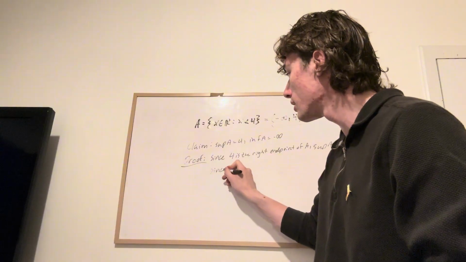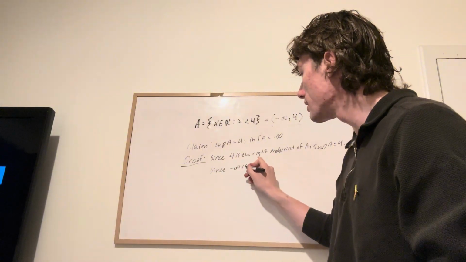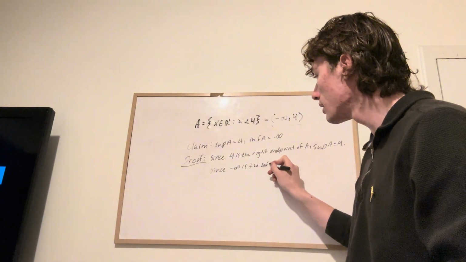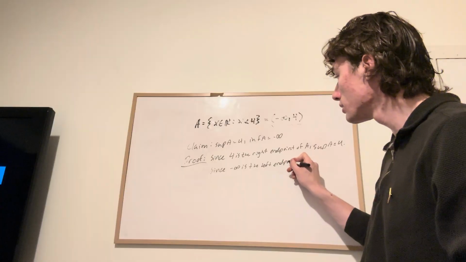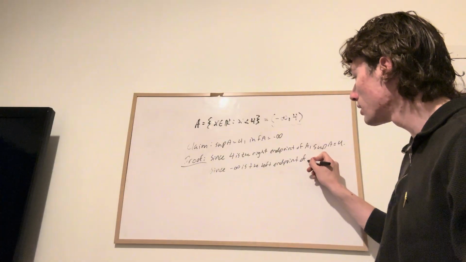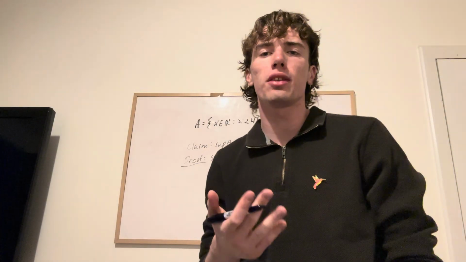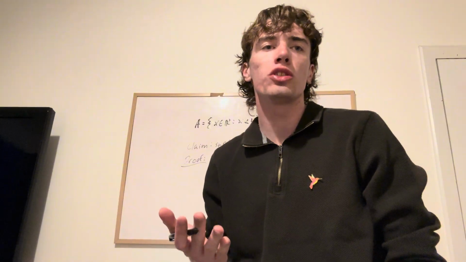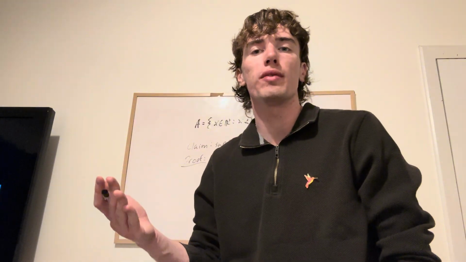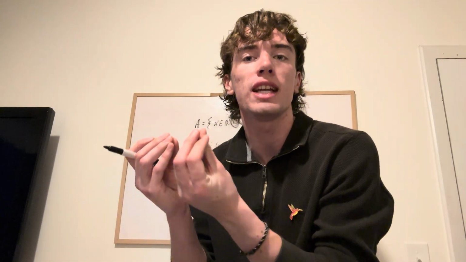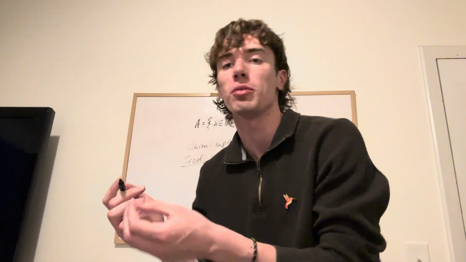Since minus infinity is the left endpoint of A, negative infinity is still the left endpoint. However, we just don't have lower bounds, which means we don't have an infimum because I'm not able to find a number that's less than or equal to negative infinity in the real number set, which makes sense because negative infinity itself is not in the real numbers.